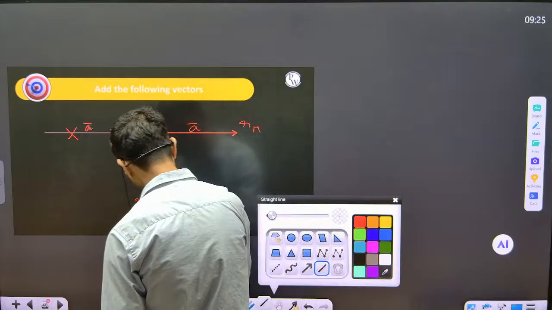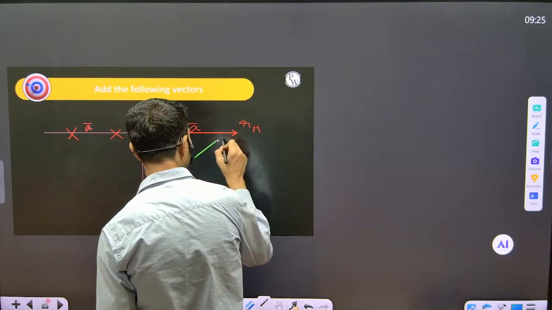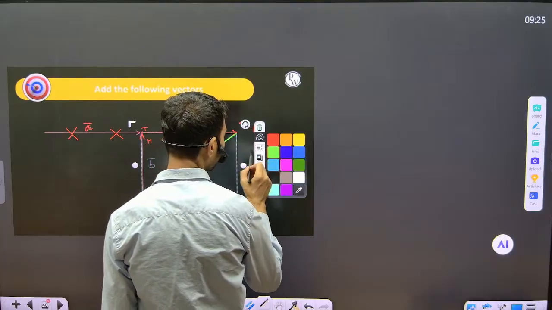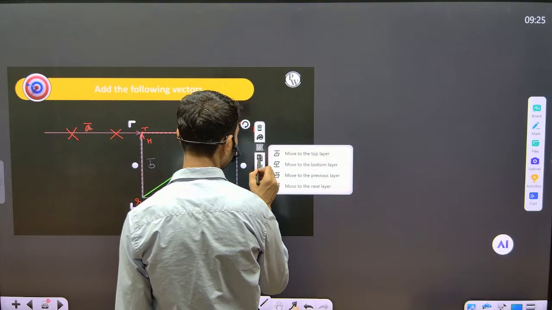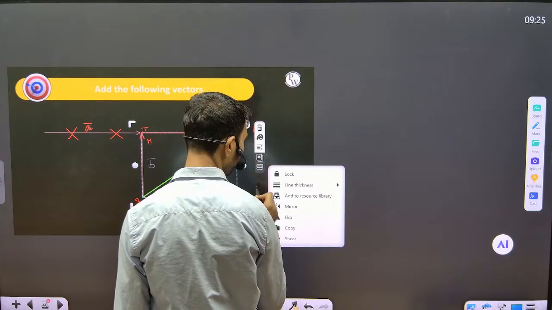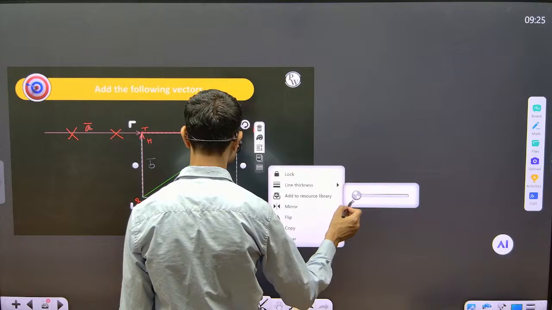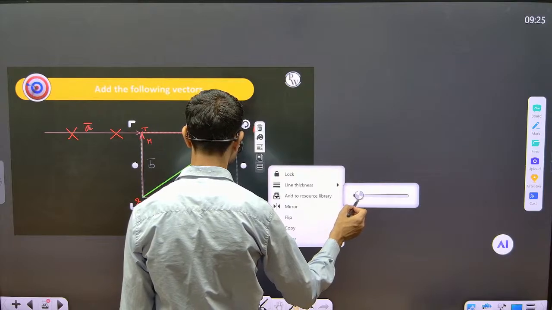Let's do that. There it is. The lines are not very good. Yeah, more like it.